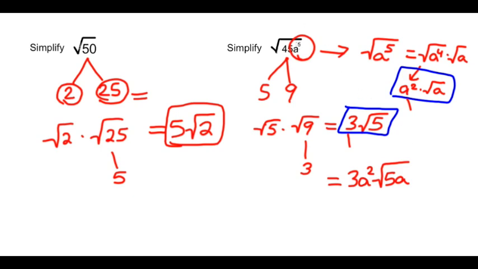So you can see I've separated the values that were outside of the radical symbols and combined the values that were inside the radical symbols to get my final answer here. So my simplified answer of 4a to the 5th is 3a squared times the square root of 5a.